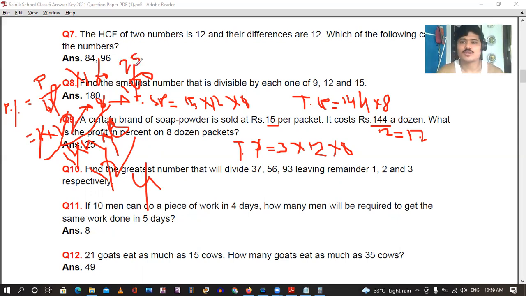Right? So my profit percent as a whole should be 25%, which is the answer.